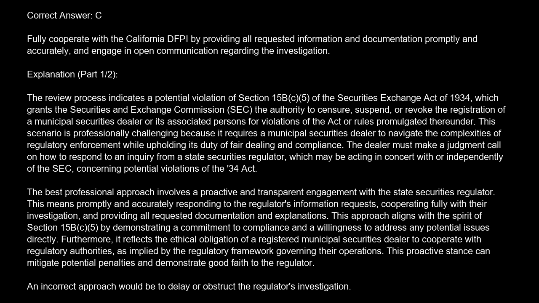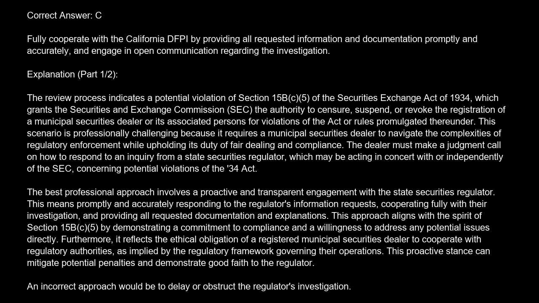The review process indicates a potential violation of Section 15B(c)(5) of the Securities Exchange Act of 1934, which grants the Securities and Exchange Commission, SEC, the authority to censure, suspend, or revoke the registration of a municipal securities dealer or its associated persons for violations of the Act or rules promulgated thereunder. This scenario is professionally challenging because it requires a municipal securities dealer to navigate the complexities of regulatory enforcement while upholding its duty of fair dealing and compliance.